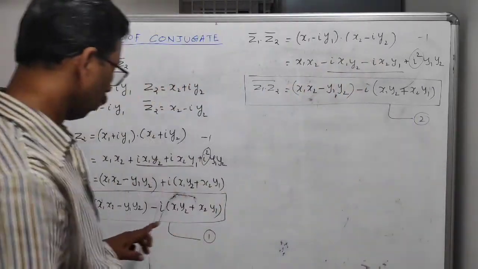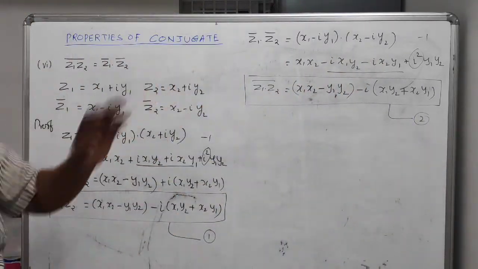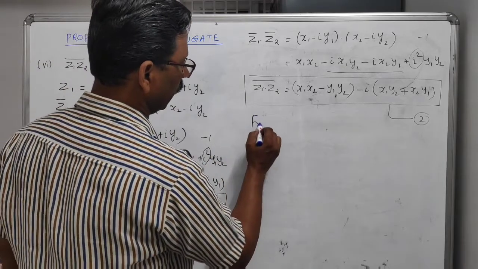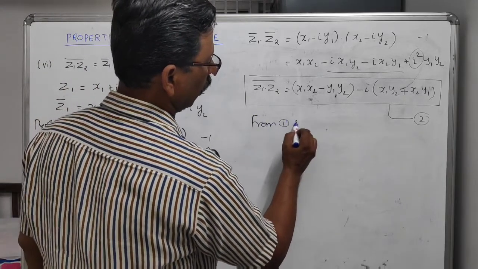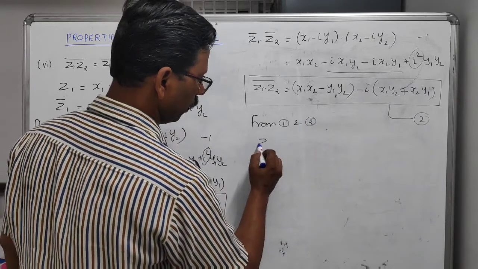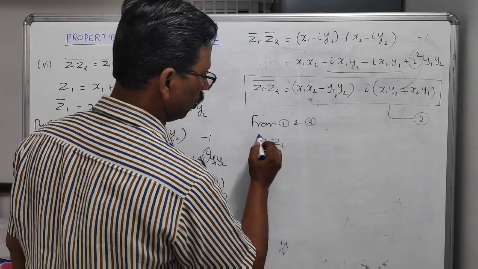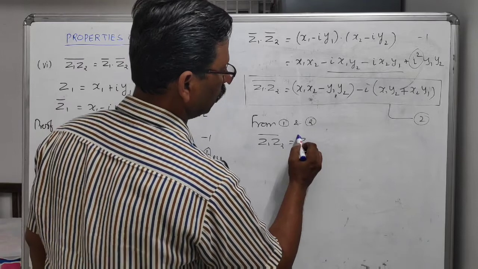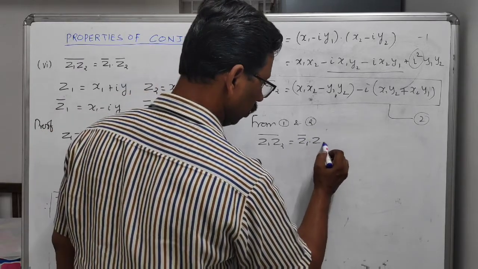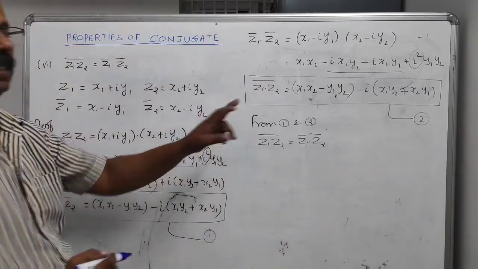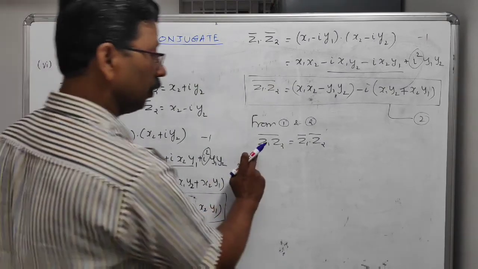Now look at the result number 1 and 2, both are the same. Therefore we can say from 1 and 2, Z1 into Z2 whole bar is equal to Z1 bar into Z2 bar. This is the result we obtained. Now this can be generalized.